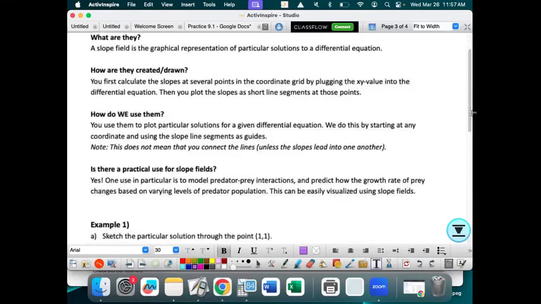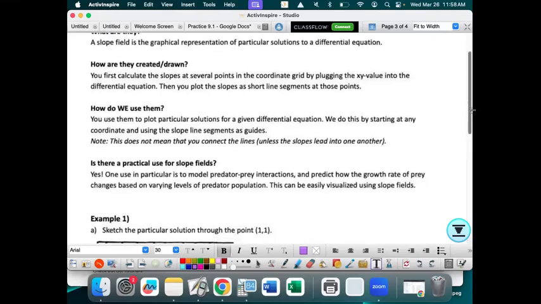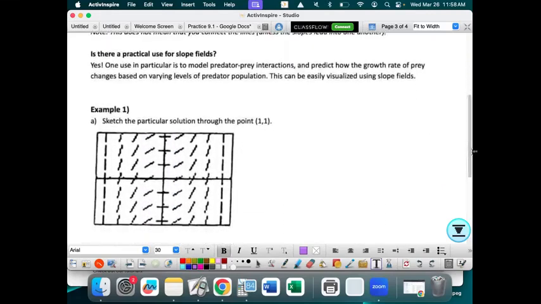One use for a particular slope field model is the predator-prey interactions. You can use that to predict the growth rate of prey based on the levels that are varying in the predator population. So like if you have an initial condition for your predator and prey, you can predict how the predator and prey will change depending on like time.